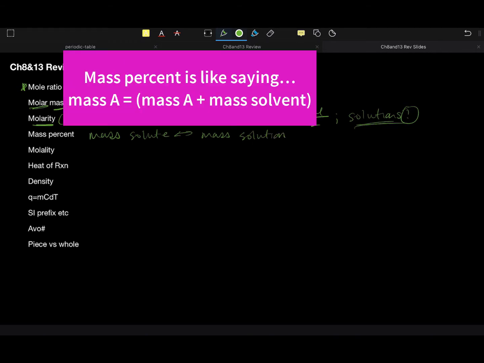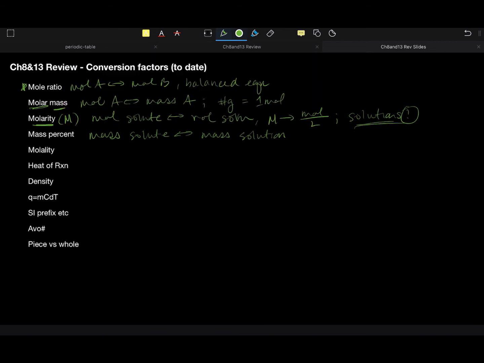So mass of my solute and mass of my solution. Next up, we have molality, symbolized with a lowercase m, which is moles of solute converted between kilograms of solvent.